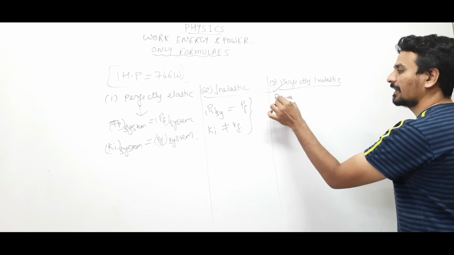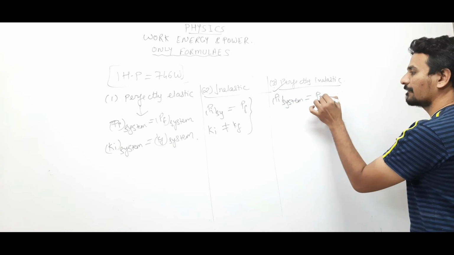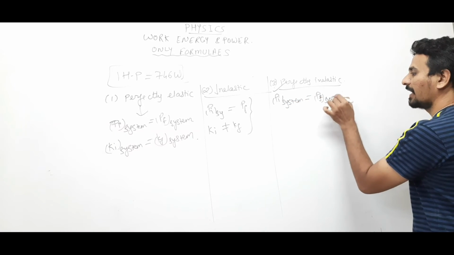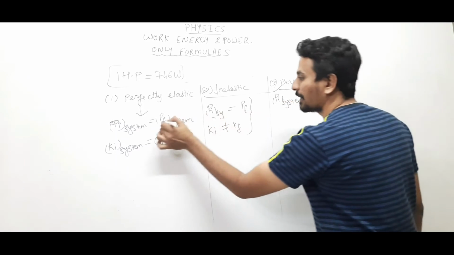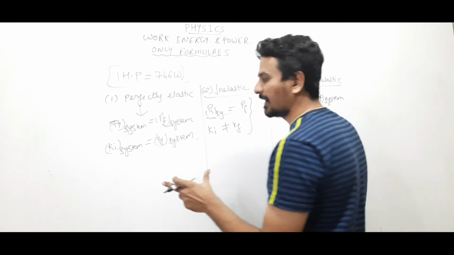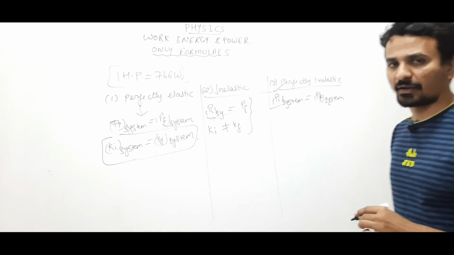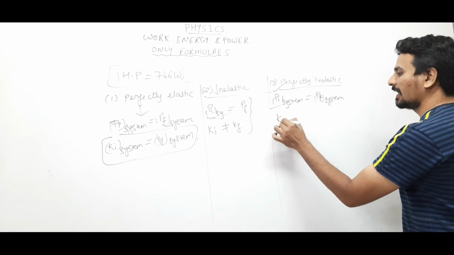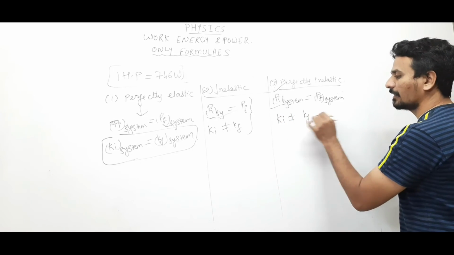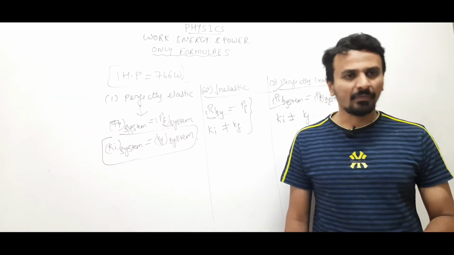In perfectly inelastic collision also the total momentum before and after the collision can be compared. So momentum can be compared in every type of collision. Initial and final kinetic energy of the system will remain the same only for perfectly elastic collision. In inelastic or perfectly inelastic collision, initial and final kinetic energy may not be the same, right?